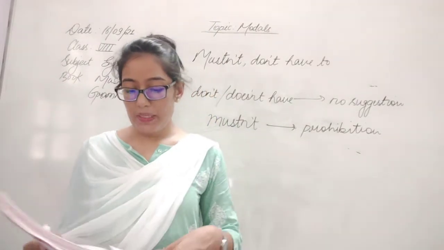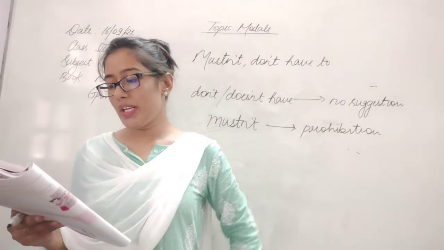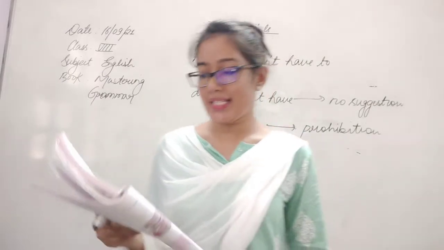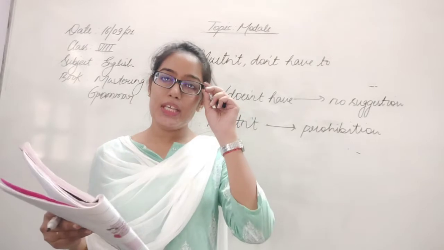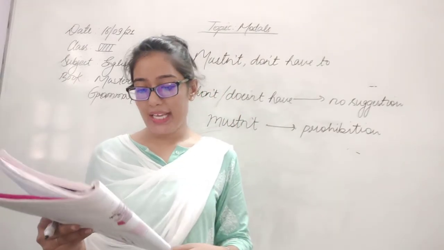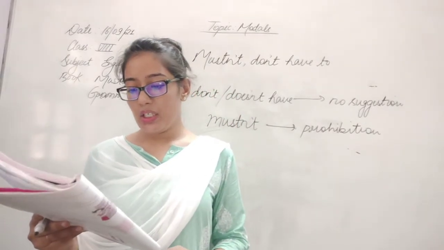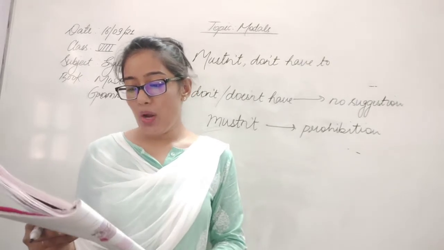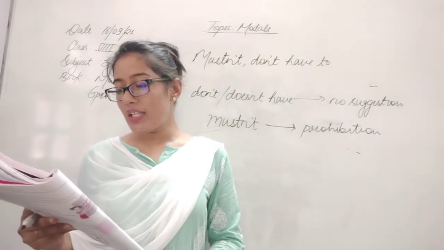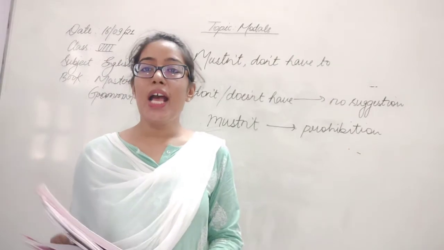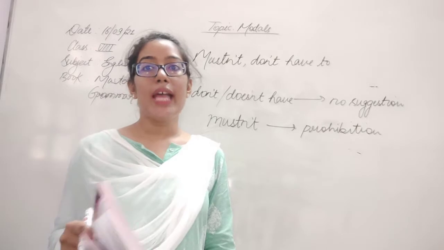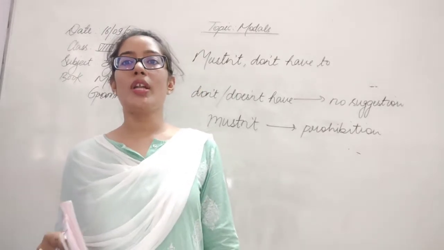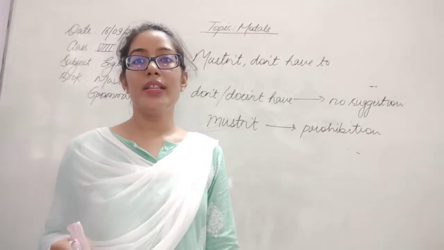Now complete these sentences with mustn't or don't, doesn't have to. So I would be discussing one of the examples from this exercise. The girl dash play outside in the sun as she would get a heat stroke. So it is being prohibited that girls should not play in what? In the sun.